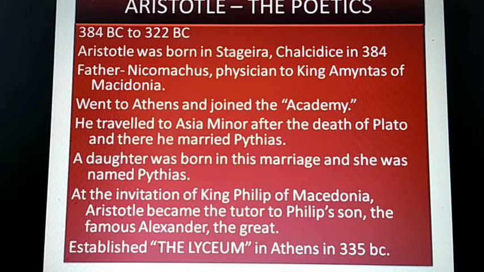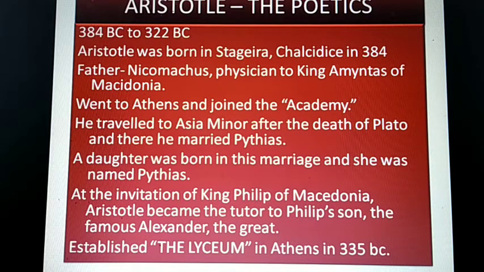Aristotle was trained and educated as a member of the aristocracy. At the age of 18, he went to Athens to continue his education at Plato's academy. Aristotle remained at the academy for nearly 20 years, not leaving until after Plato's death in 348 BC. After the death of Plato, he traveled to Asia Minor.